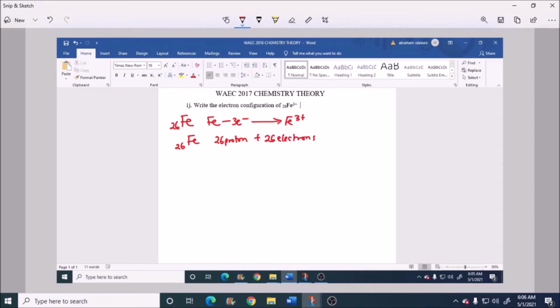But when we have the ion, that is Fe3+, we have 26 as the atomic number. Then here we are going to have 26 protons plus 23 electrons, because it has lost part of its electron number, having 3 plus.